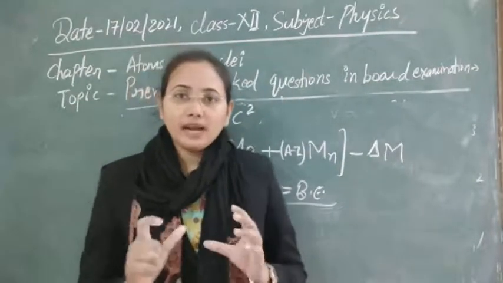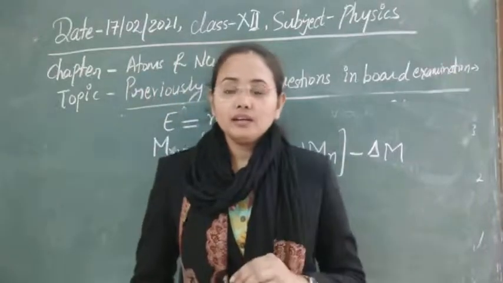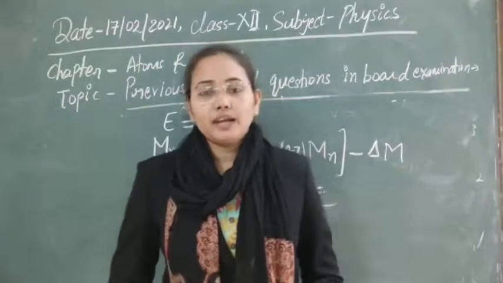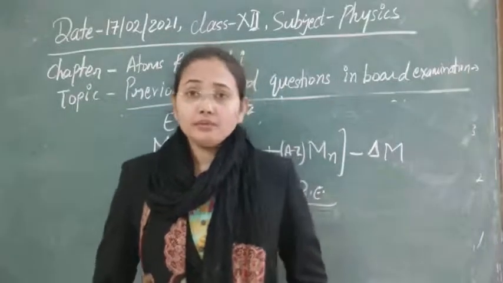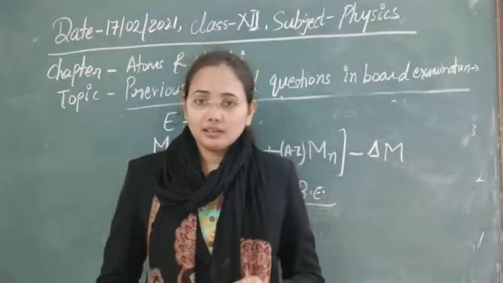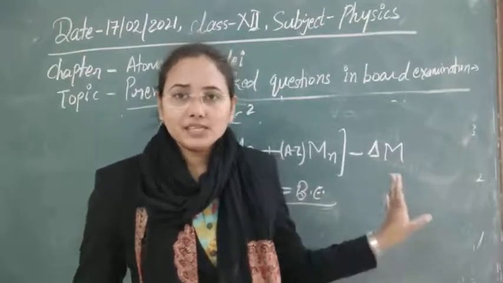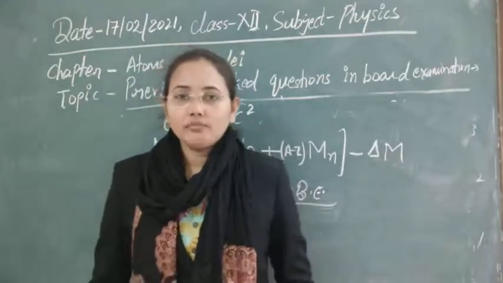We can only provide that energy by nuclear fission or fusion, but you know that the nuclear fusion process is not possible to do here. So obviously you can say that we cannot break any nucleus.